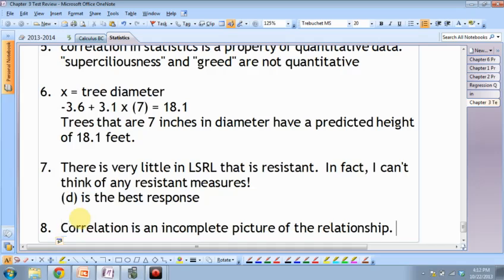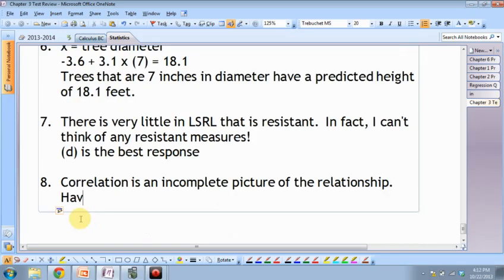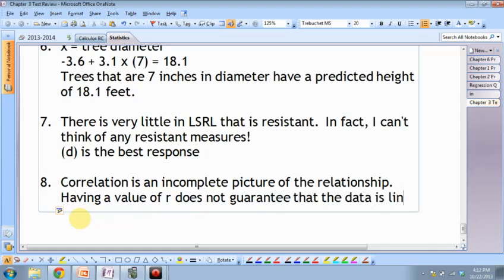No. Remember that the data doesn't have to be linear, and you can still compute R and R squared. Having a value of R does not guarantee that the data is linear in nature.